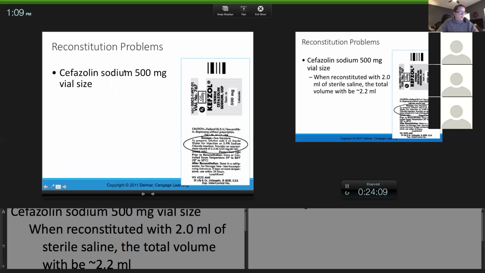Cefazolin sodium is the powder. It tells you right here, circled, to prepare, add 2 mils of sterile water or sodium chloride, and it'll give you 2.2 mils of total volume, which is 225 mg per mil. Sometimes doctors will add more or less, and that will change the final concentration.